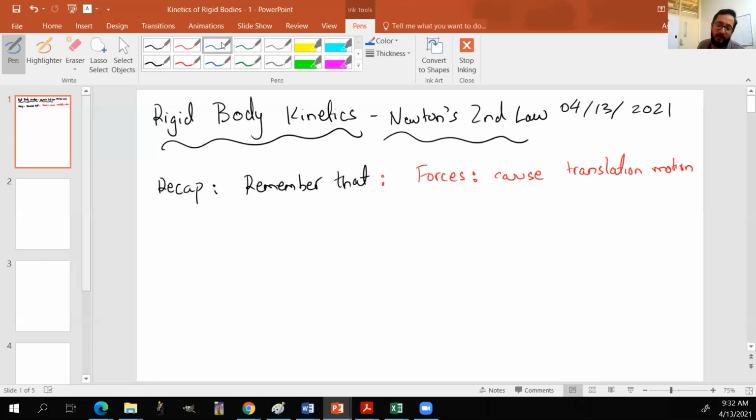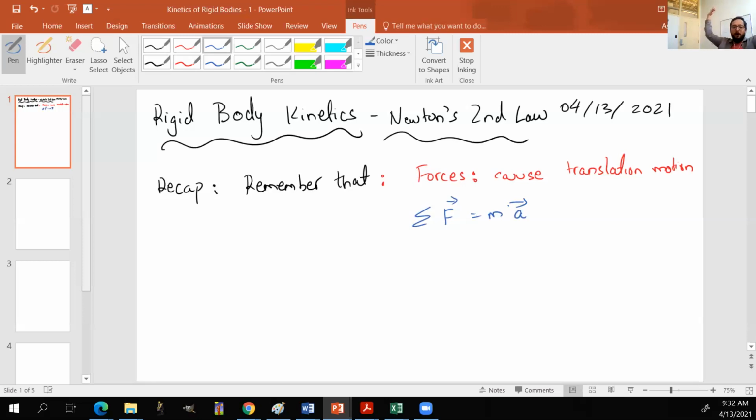F equals ma. The sum of all forces acting on a body is equal to the mass times the acceleration acting on the body, in all vector directions.